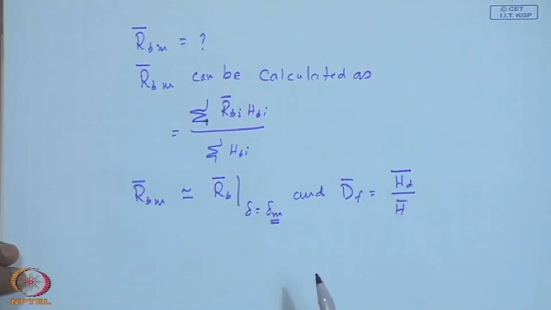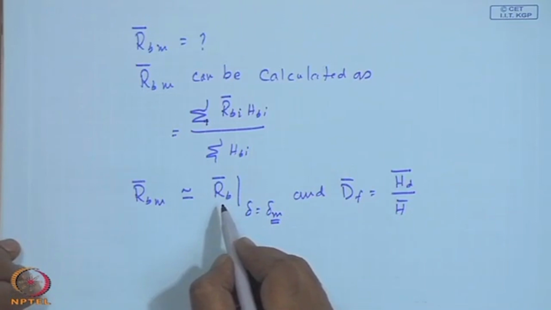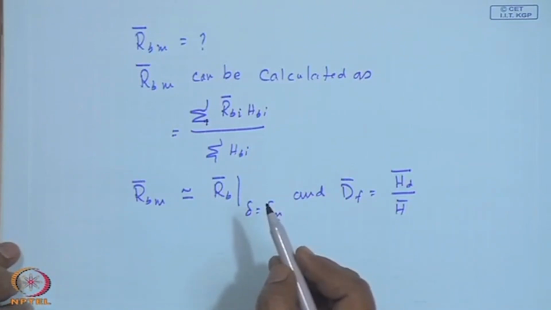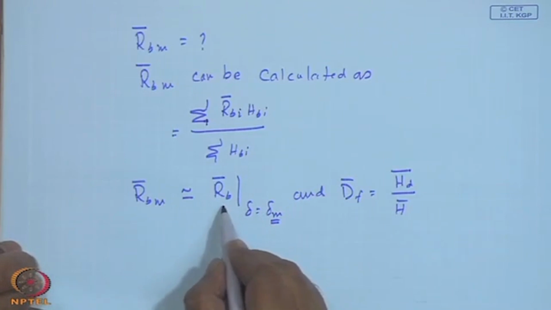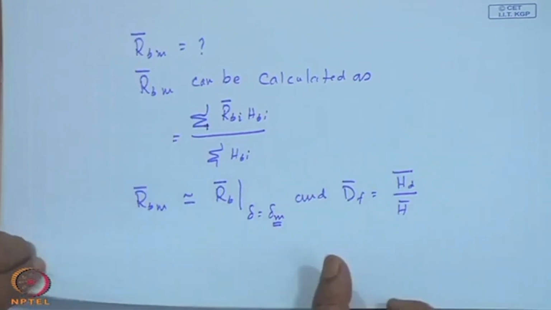We use the monthly average daily diffuse fraction if this calculation is being done under terrestrial conditions or for the overall h t bar. That is the difference between R b bar for a single day with delta equal to delta m and R b bar for the monthly average value.